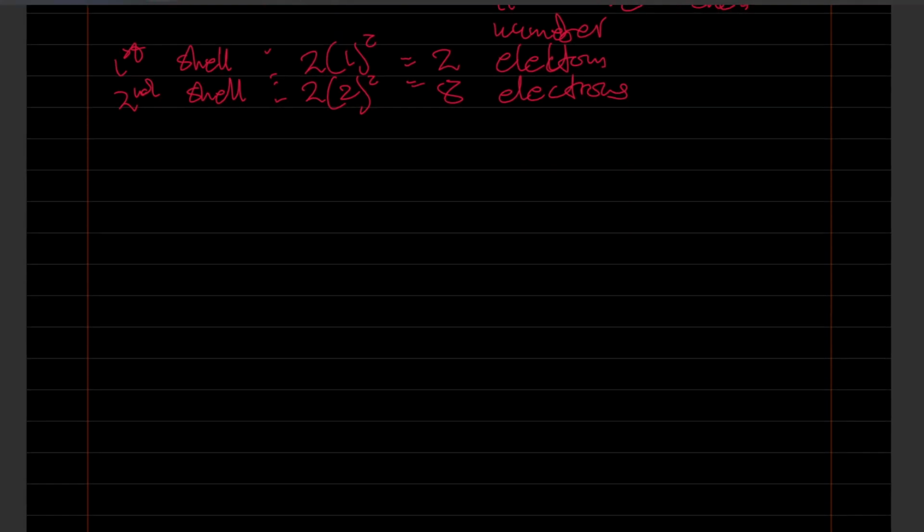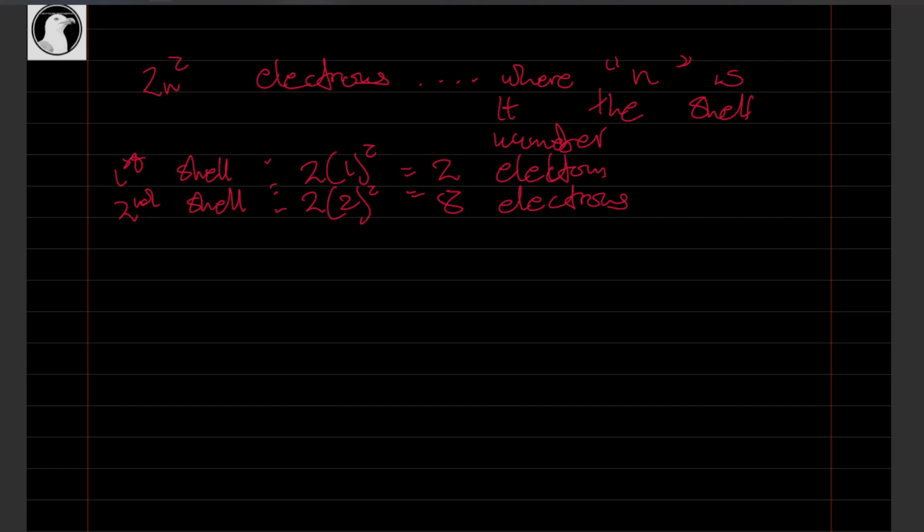But now here's the funny part. The last shell on our atom, which is the valence shell, is not bound by this law. The maximum number of electrons that are accepted by the valence shell is 8, irrespective of its number. So let me make a quick side note here.